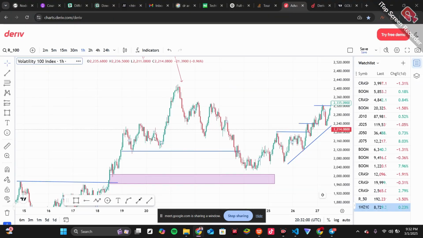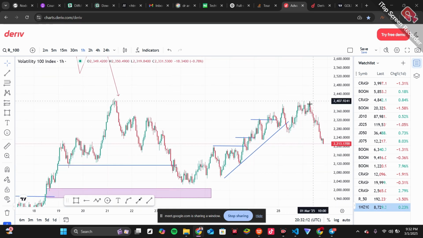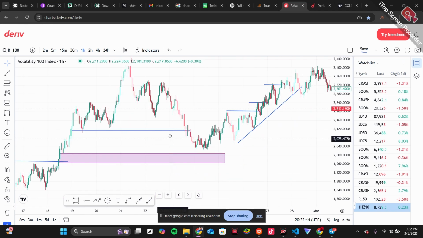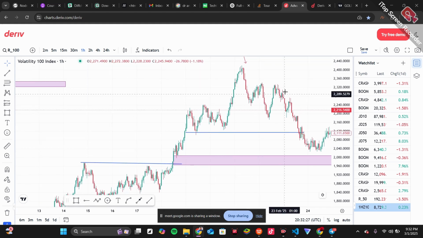So as I was saying, after taking out liquidity, price looks for the nearest zone to use and does what? Continue the buy. And that's what happened here. Remember, after the breaker block here, buyers came, took out this zone, and bought all the way to this zone, then came back to take out liquidity.